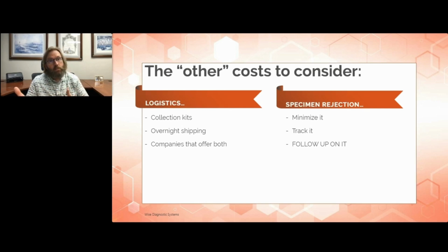And then the other piece of that, especially if we're talking about infectious disease and the speed at which we can deliver results, is overnight shipping. Sometimes that can be expensive, especially if you're new to one of these overnight carriers like FedEx or UPS, in terms of what they will charge you per package.